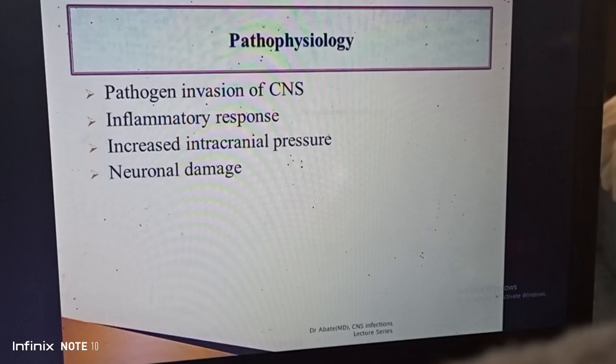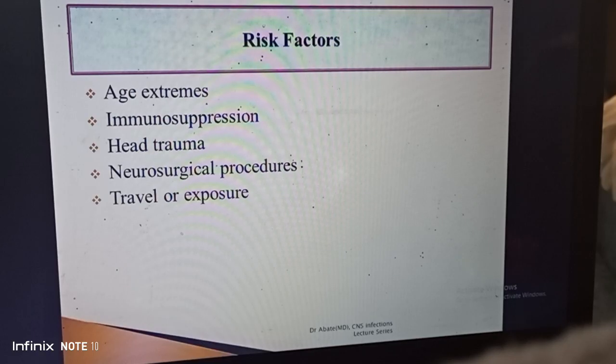So when there is infection, there will be an inflammatory response that our body mounts. Then the inflammatory process will start. Then swelling of the cells is there. Then you will see increased intracranial pressure. Finally, if not treated, herniation and death may occur, and neuronal damage may also result.